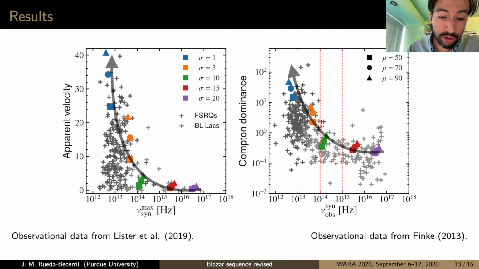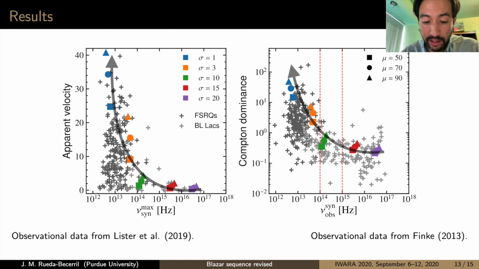So moving forward, we took radio observations to compare the apparent velocity of our simulations with the data obtained by the MOJAVE collaboration in 2019, and we get consistent results, meaning that our FSRQ-like objects fall within the FSRQ observations, and again the BL Lacs, as we can see, have a very low apparent velocity and very high synchrotron peak.